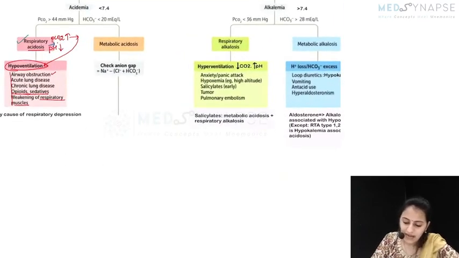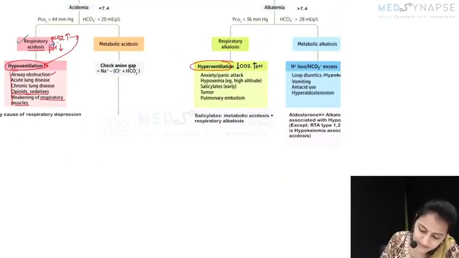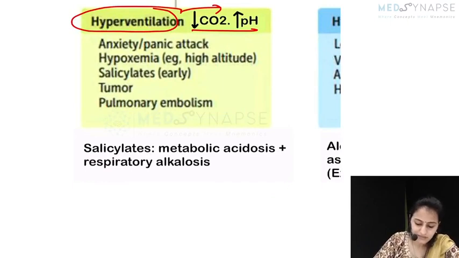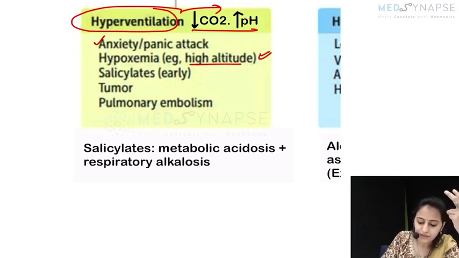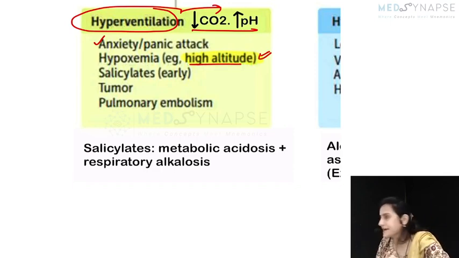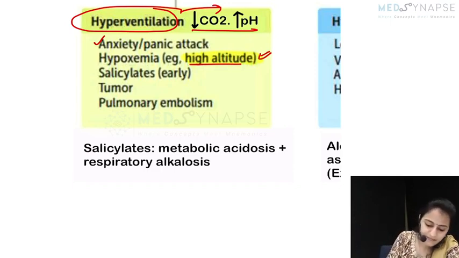Opposite, hyperventilation will cause alkalosis, respiratory alkalosis. When there is hyperventilation, panic attack, anxiety, high altitude, we hyperventilate, right? So please remember at least this, that high altitude is respiratory alkalosis because we hyperventilate, there is hypoxia. Anxiety, panic attack is hyperventilation.